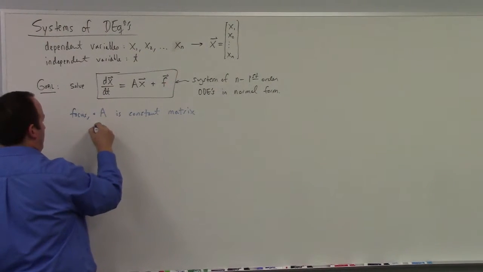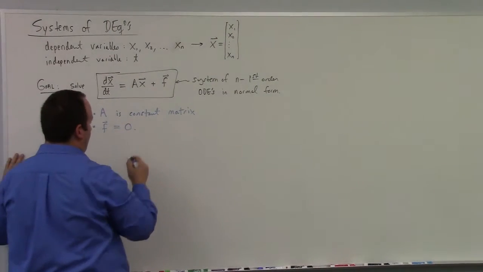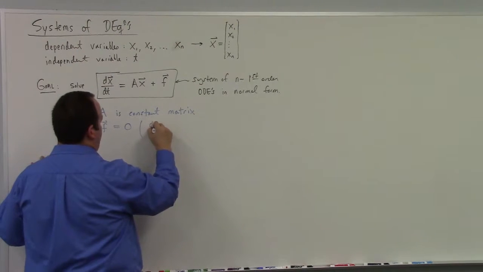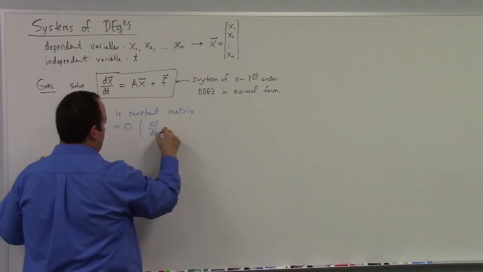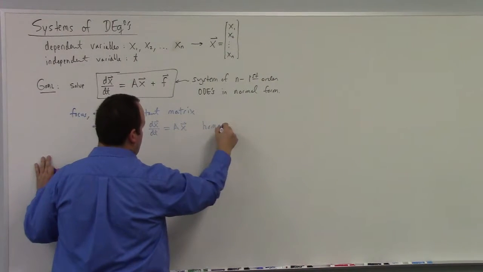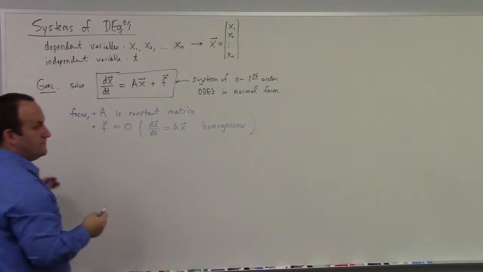And also, for the moment, we're going to assume that f is equal to 0. So that makes the problem we're trying to solve really just dx/dt equal to Ax. This is a homogeneous system.